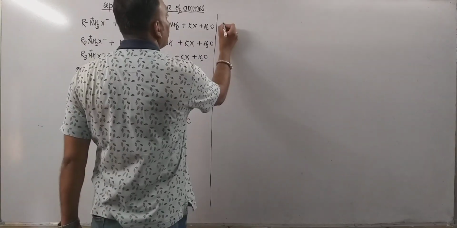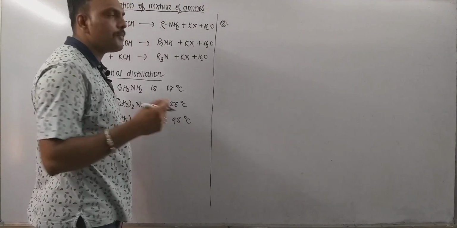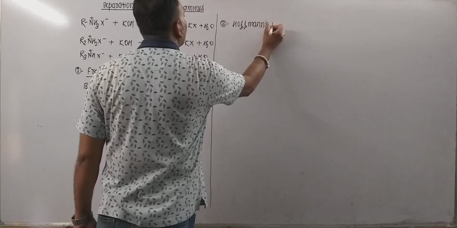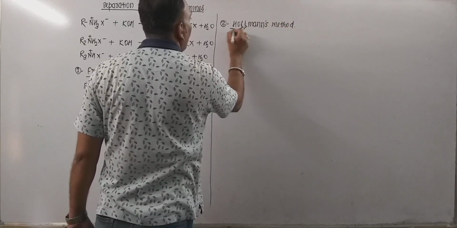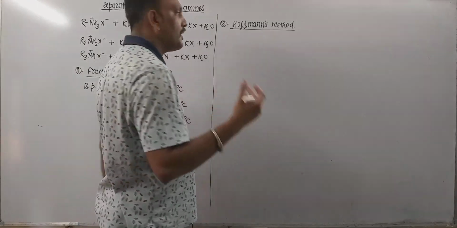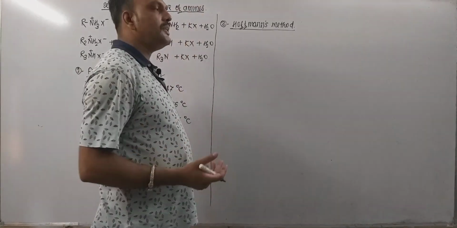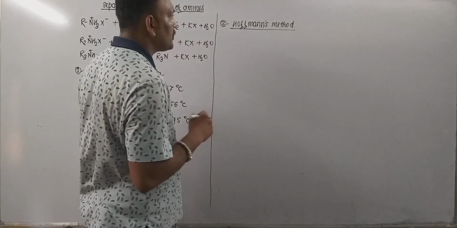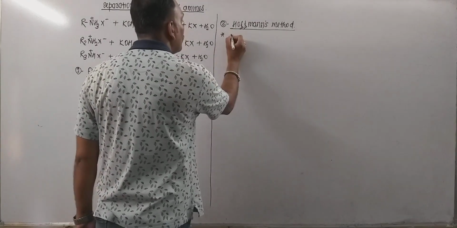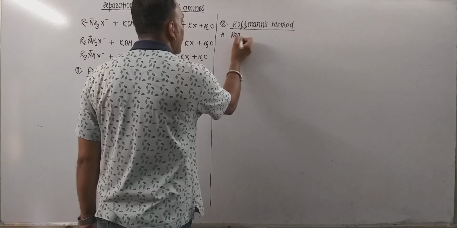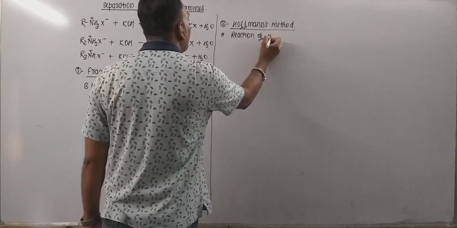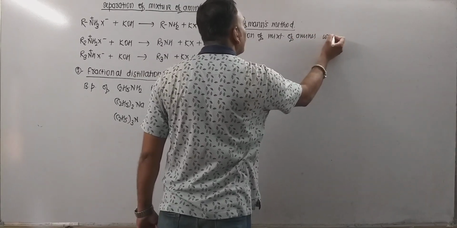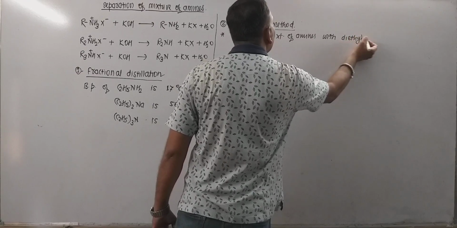Now, the second very important method to separate amines is Hofmann's method. Remember, Hofmann's method involves reaction of a mixture of amines with dialkyl oxalate. Basically, diethyl oxalate is used. So what we need to do is react the mixture of amines with diethyl oxalate.